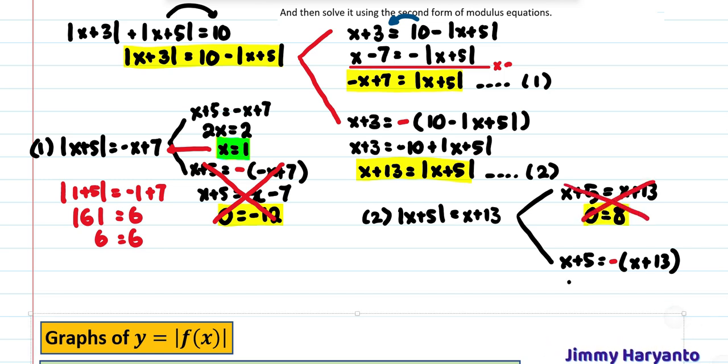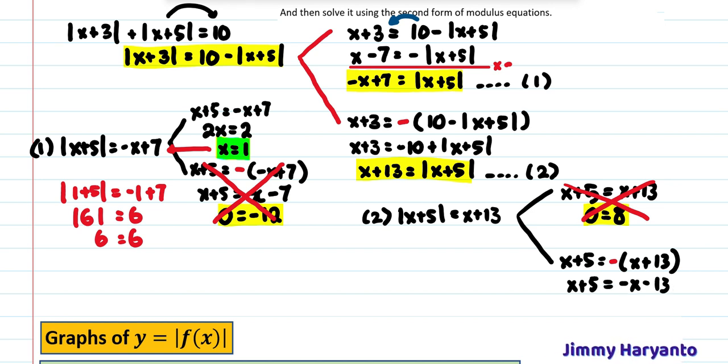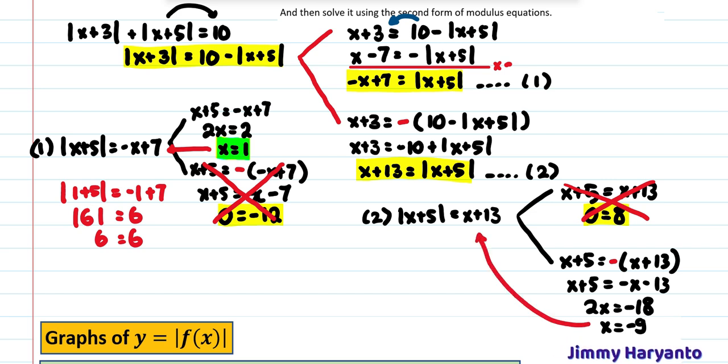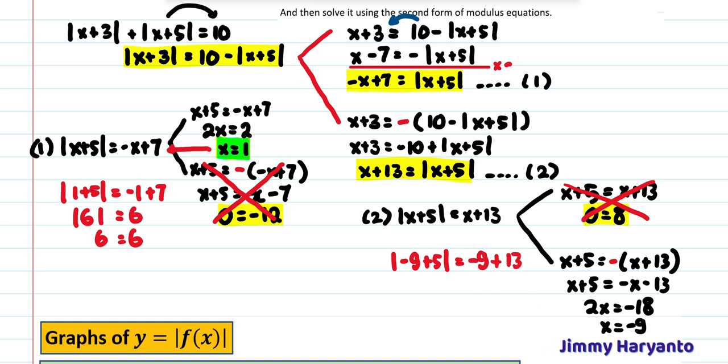And the second part will be x plus 5 equals negative x minus 13. 2x equals negative 18. So x equals negative 9. Do not forget that we have to double check this because this is the second type of equation. That means negative 9 plus 5 equals negative 9 plus 13.